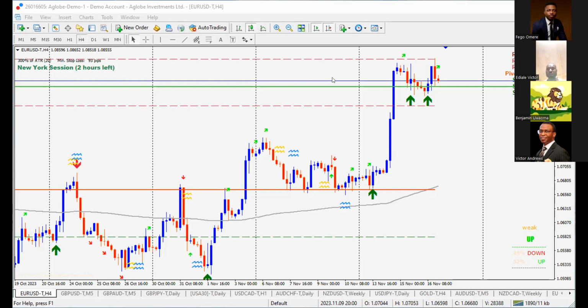The indicator is very powerful, recognizes support and resistance levels, and recognizes when there is exhaustion in a trend. In fact, it is a complete indicator, but you need to interpret the signals in a way that can help you become profitable. So let's go from the weekly chart.